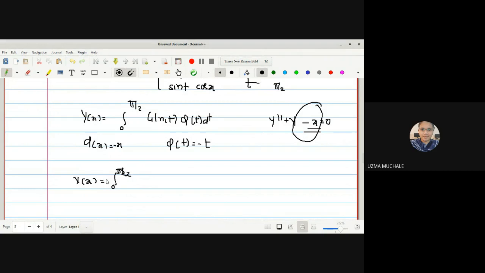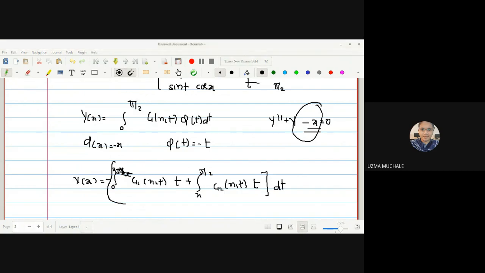Putting the minus sign, we have 0 to x g1 of x, t plus x to pi by 2 g2 of x, t into t dt. As we are integrating with respect to t, that's why I have put the limits 0 to x and x to pi by 2. Simply we have to evaluate the integration, putting the values of g1 and g2.